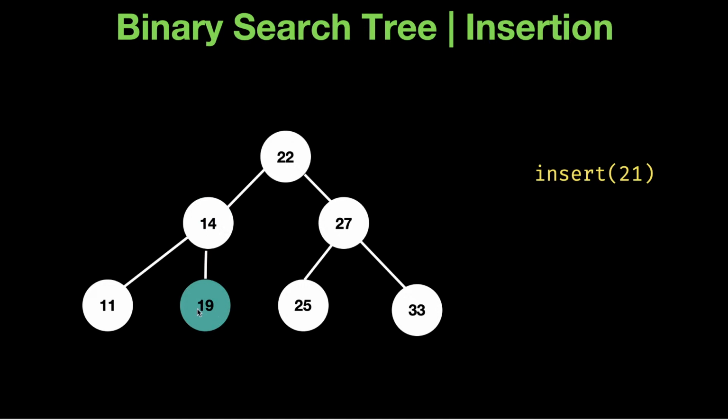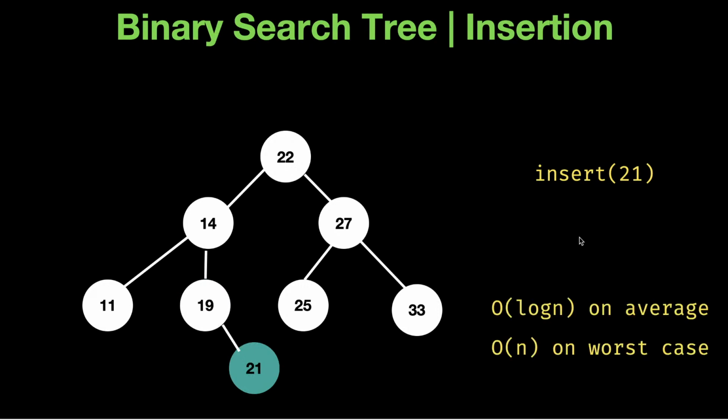Now we again compare 19 and 21. 21 is greater than 19, so we will go to the right subtree again. But now we don't have any right child, so we will just insert 21 as its right child, right? So 21 will go as the right child of 19, and our insertion is successful.